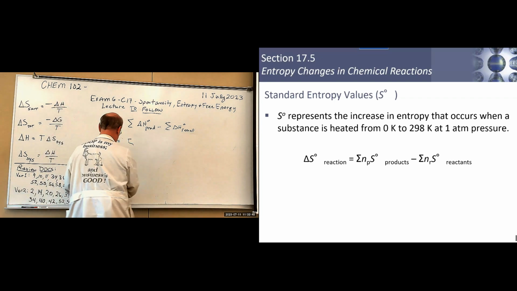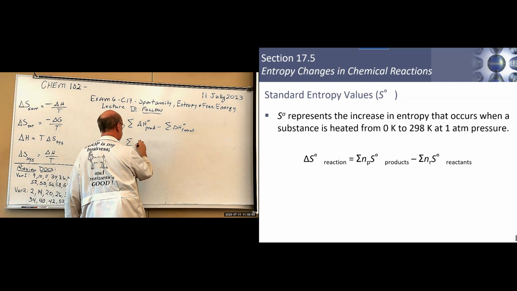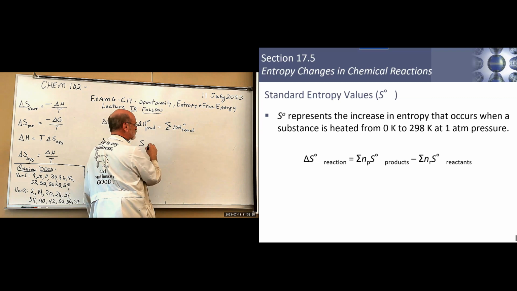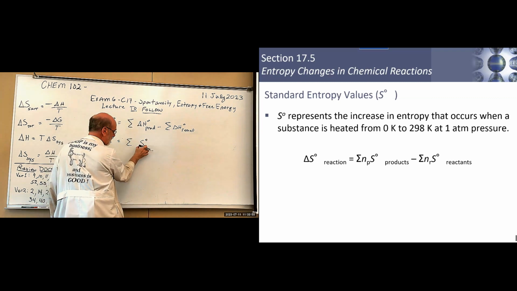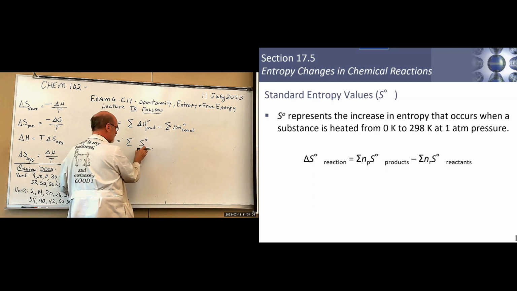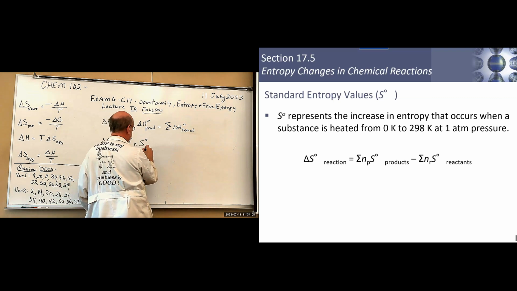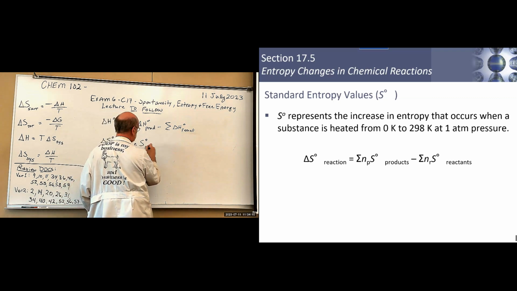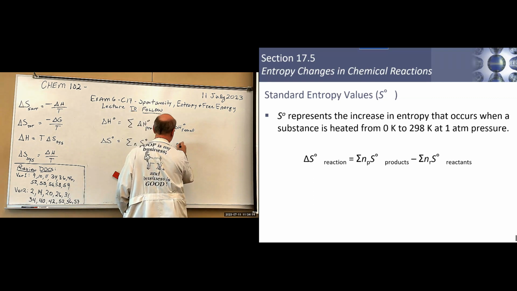Then we take the summation of the entropies, which are measured against absolute 0. So when you look at them in a chart, there's going to be a value here, and then you have so many of them. This is for products, and then you subtract the entropies for the reactants.